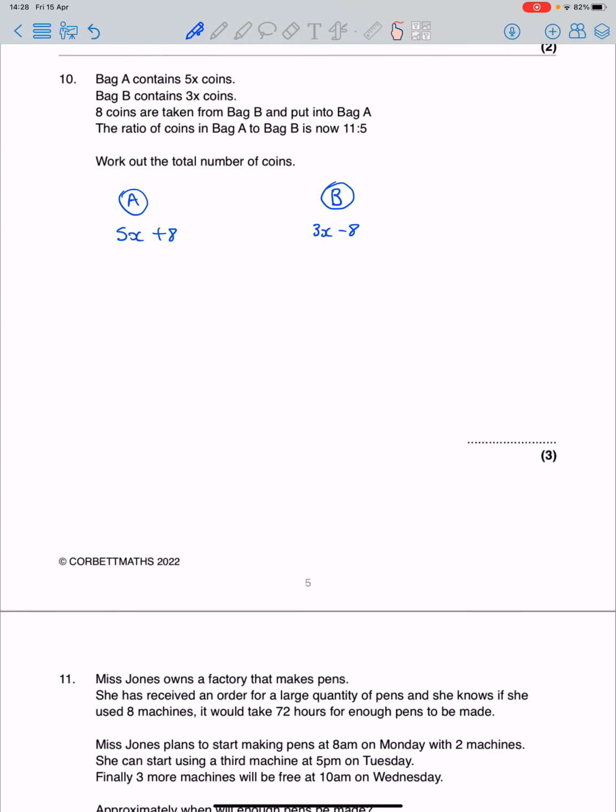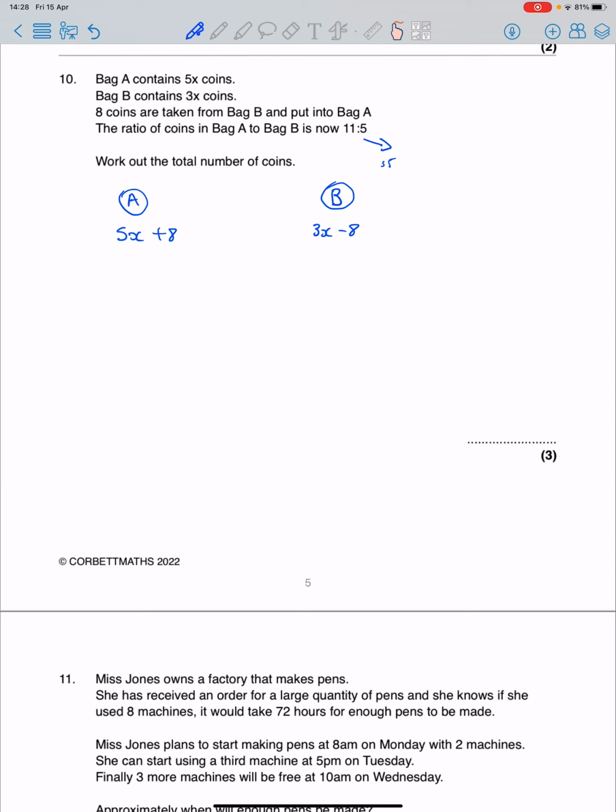Okay. Now they told us the ratio of the coins in bag A to bag B is now 11:5. So we can create an equation. And I kind of thought about it like this. Because they've given us the ratio 11:5, that basically means if you took the contents of bag A, multiplied it by 5, that would give you 55 parts.